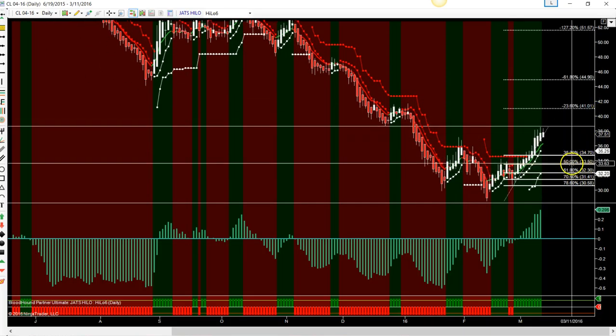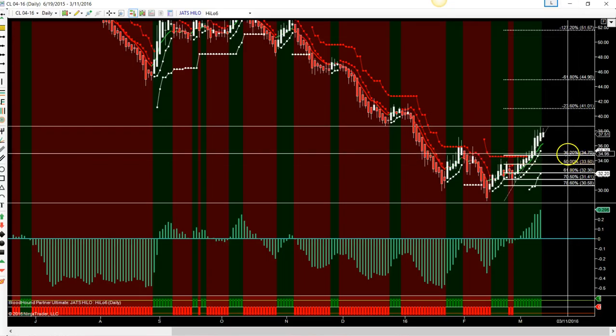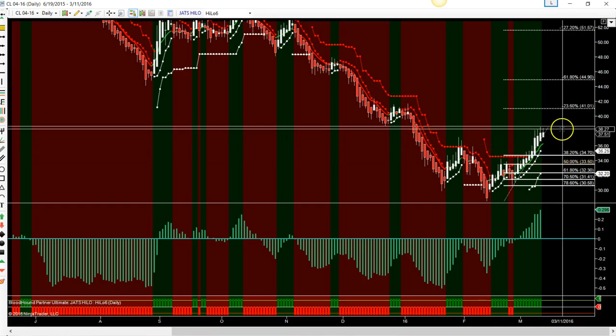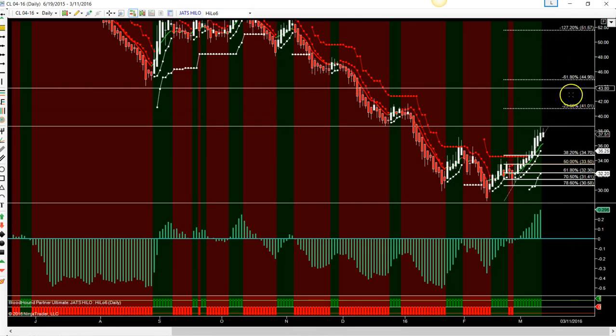Down into 33.50 or 32.30, or even 34.70. And your Fibonacci rule is if it bounces at 38.20, you know that most likely you're going to break this pivot high again and continue with the trend.